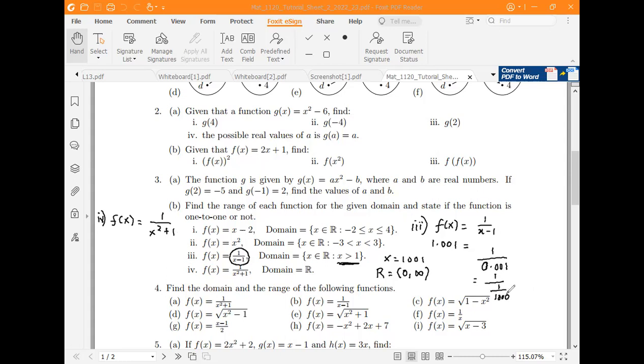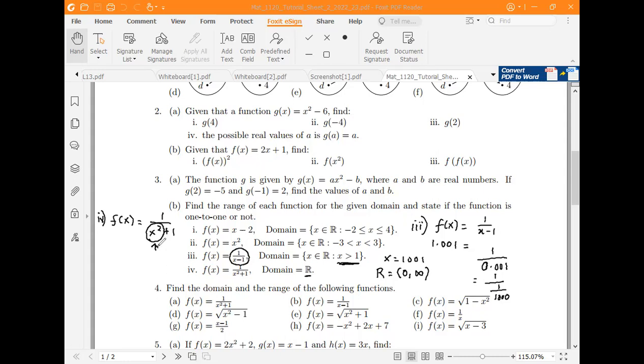But then the other side, whatever value in the denominator here, because this is coming as a positive value, I will always have to add to 1. So when I add to 1, I will be getting large values that are bigger than 1. So a number bigger than 1, and then I divide 1 by it, I'm sure that the numbers I'll be getting will be less than 1. But is x allowed to be 0?